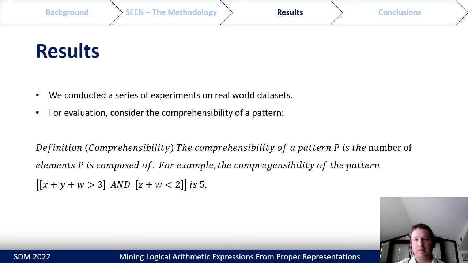However, such metrics are not applicable here because the generated patterns are not intended to be frequent. Instead, I strive to achieve other qualifications. As Occam's razor encourages simple explanations, I use a metric called comprehensibility to evaluate the generated patterns.